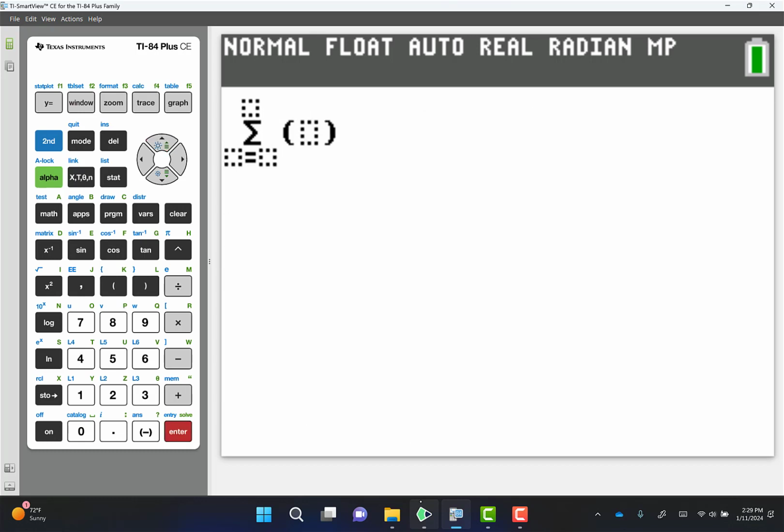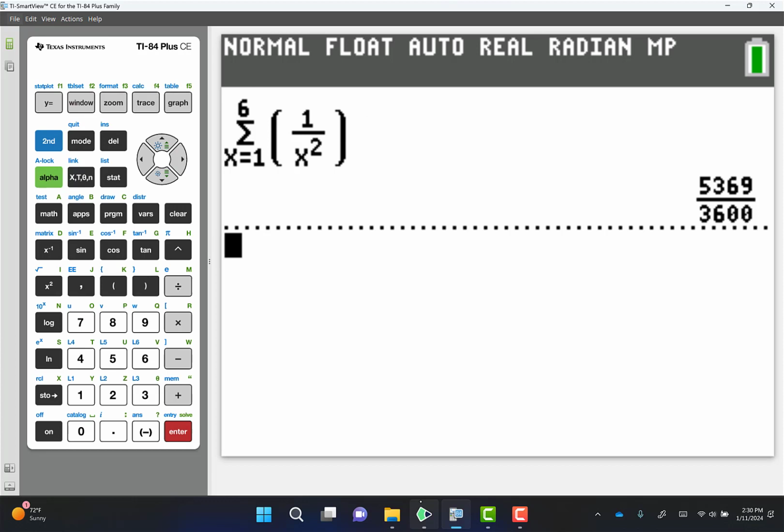I'm going to put X just because it's easy. I'm going to put 1, I'm going to put 6 here. And I'm just going to put the expression, 1 over x squared. And then I push enter. Did we get the same number? Yeah, we did. 5369 divided by 3600.